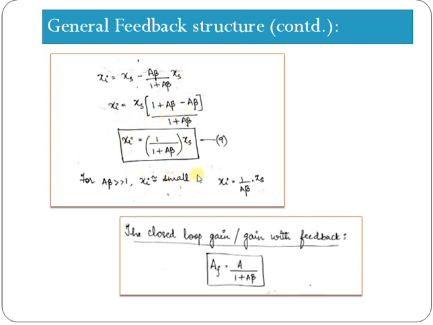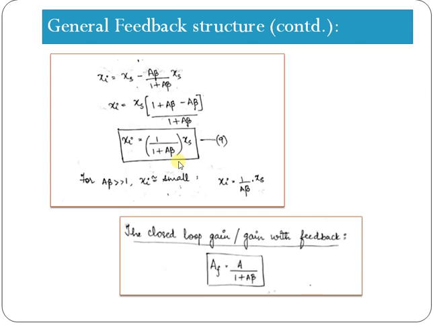So finally, 1 by 1 plus A beta into XS. This value of Xi will be very small if you are considering the value of A beta to be very much greater than 1, and Xi will be equal to 1 by A beta into XS. So this implies that the negative feedback will reduce the signal at the input of the basic amplifier by an amount of the feedback, that is 1 plus A beta.